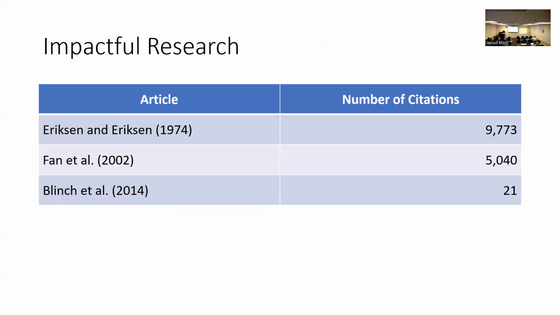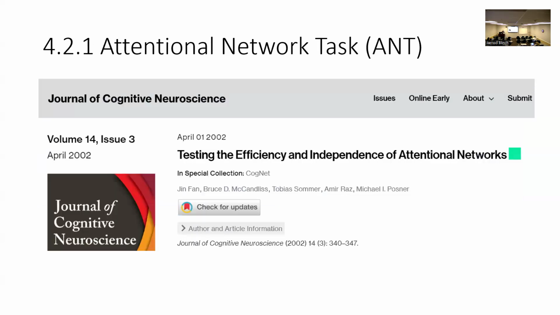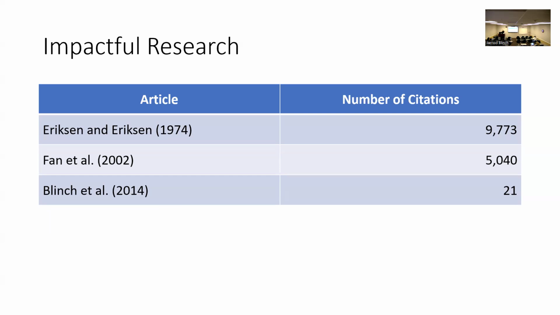So just to put this in context, I had to update these numbers because the Erikson and the Fan articles typically get hundreds of citations each year. So these numbers went up even from 2 years ago. Erikson has the advantage that it's been out for about 25 years more, but it's got like 10,000 citations. This Fan et al. article, the first one to demonstrate the attentional network task, and if anyone else does a different version, they'll often cite the original.